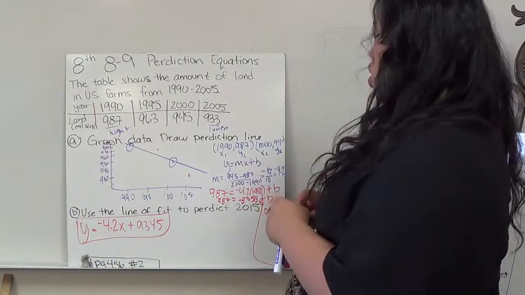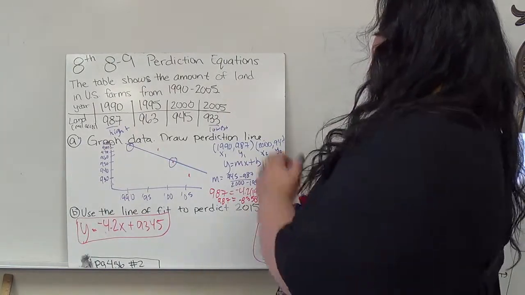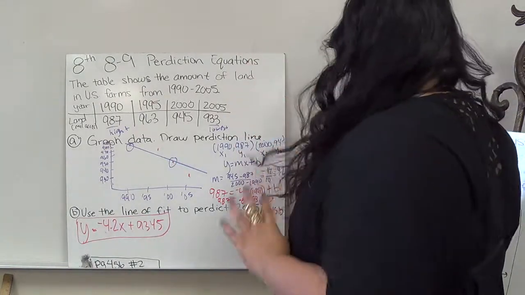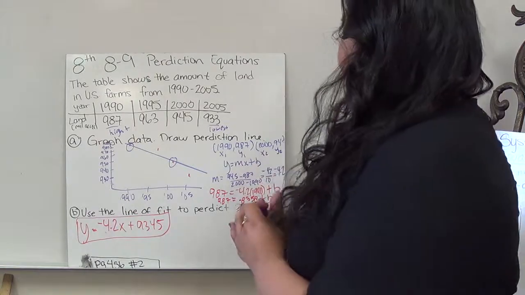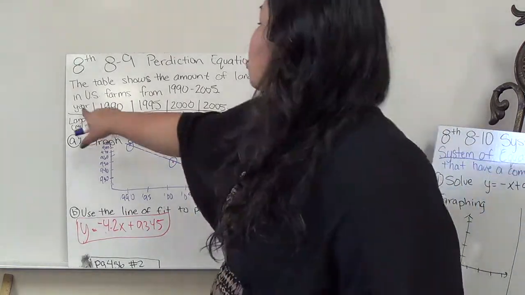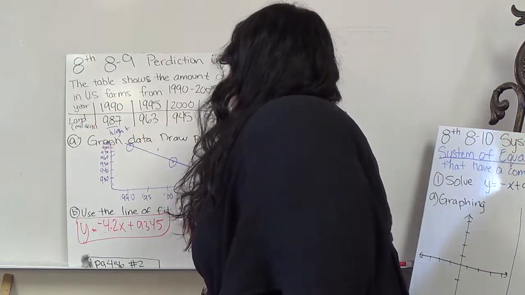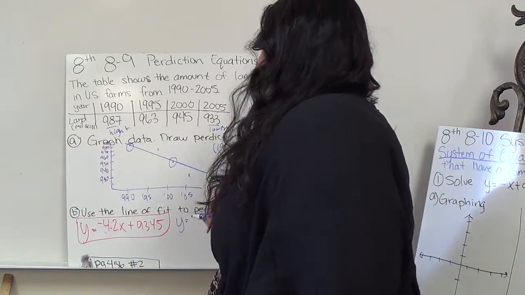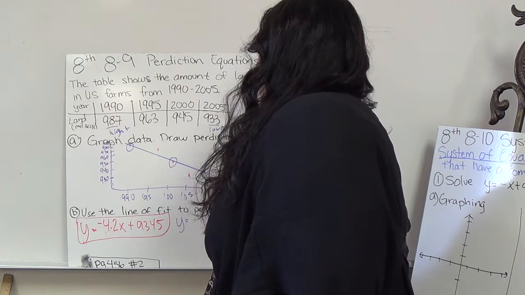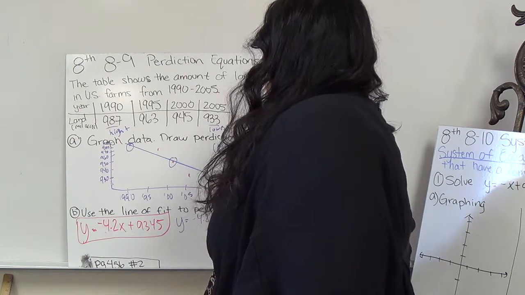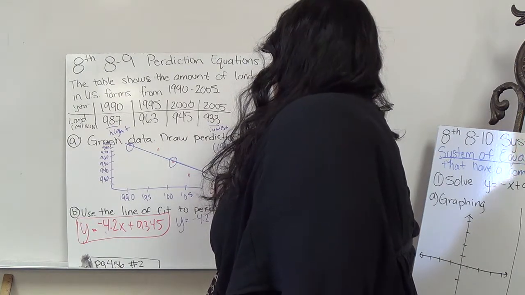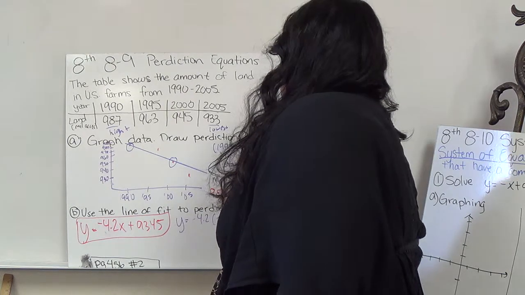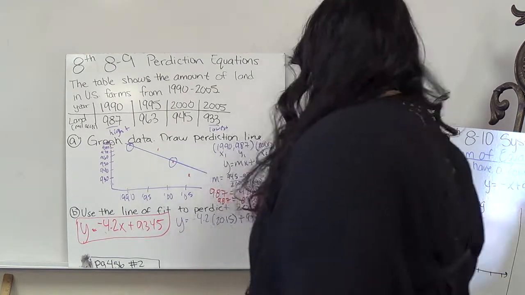I need the equation in order to predict 2015, okay? So what this means is, this is my year, so my years are my x's. I'm going to plug in 2015 for x to find out what it would be in 2015. So negative 4.2x, my x is 2015, plus 9345, okay?